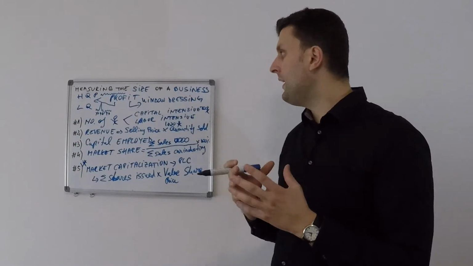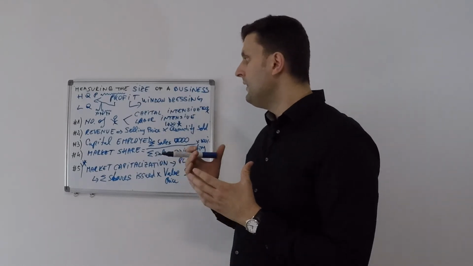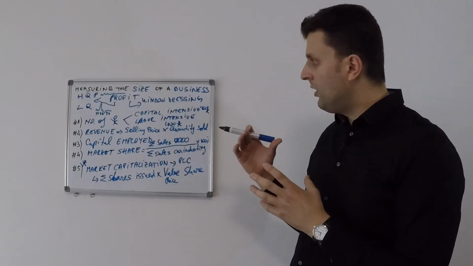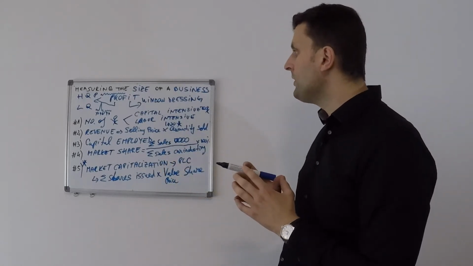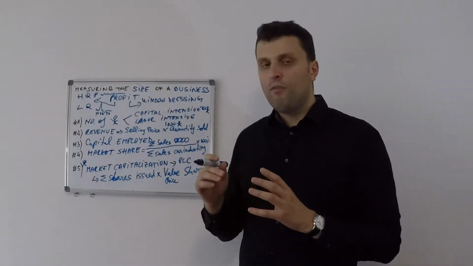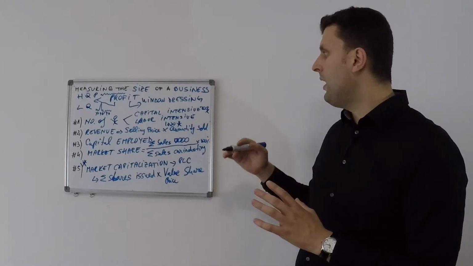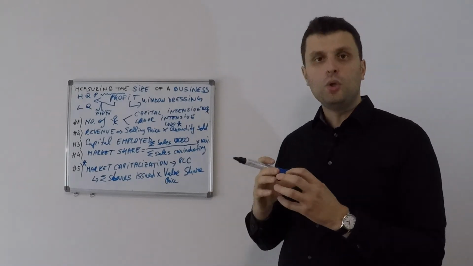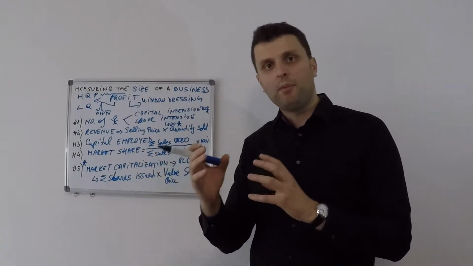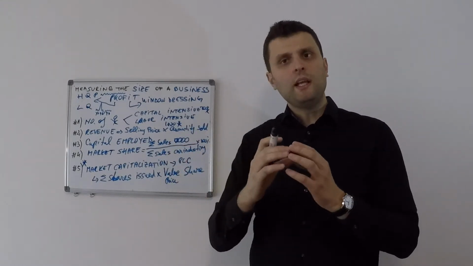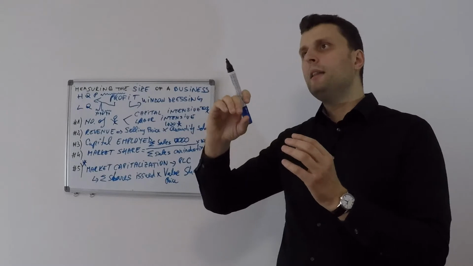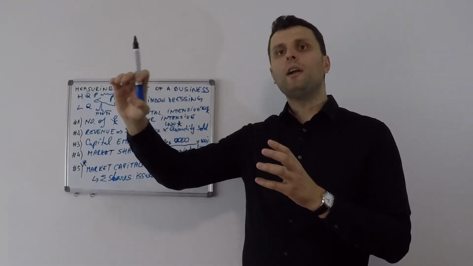So this being said, I truly believe that these 5 steps are the healthiest steps that you could use in measuring the size of a business. Now, very important when we discuss the number of employees, to understand if that business is capital intensive or labor intensive. When we discuss revenue, to actually look at the performance of the company on a longer term.